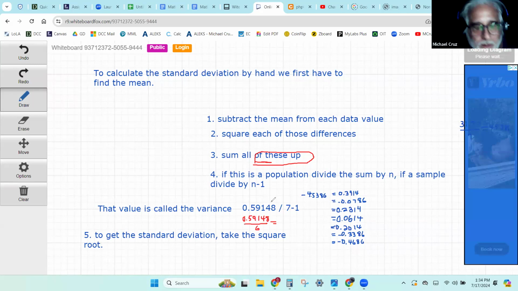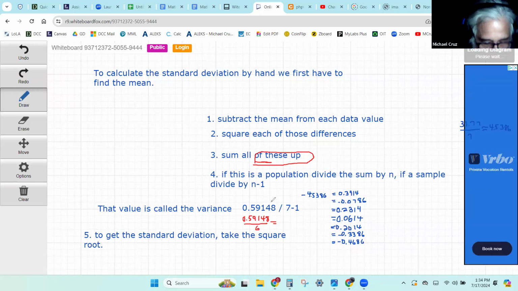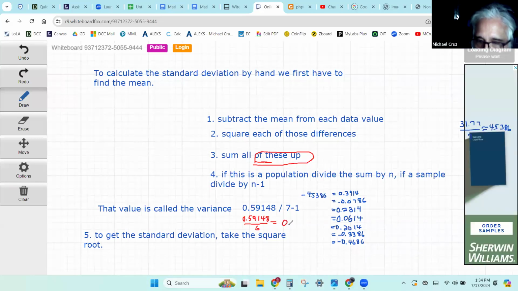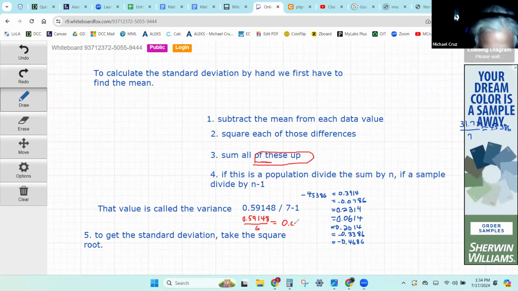Let me just pound it out here on my calculator. 0.59148 divided by 6. And that would be 0.0. I don't remember what they said to round it off to, but I'm just going to put everything that I got.